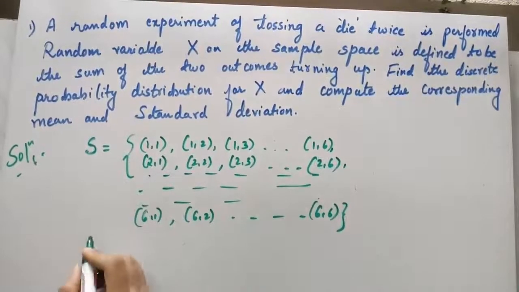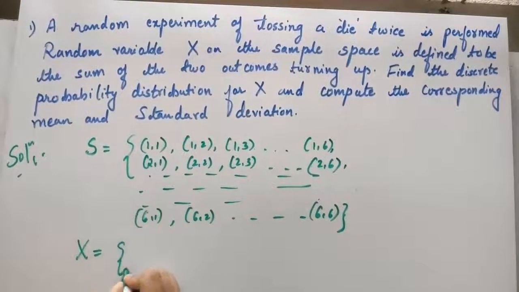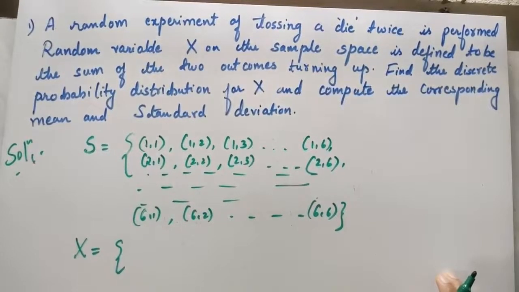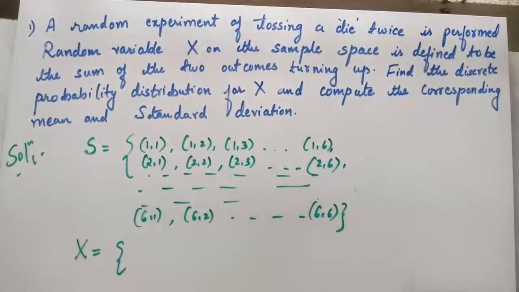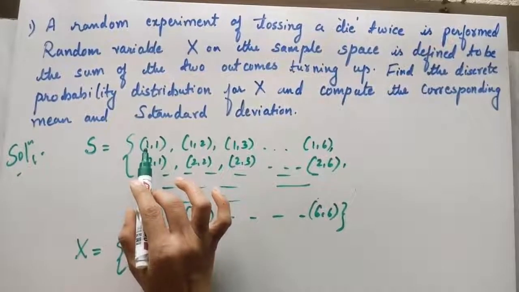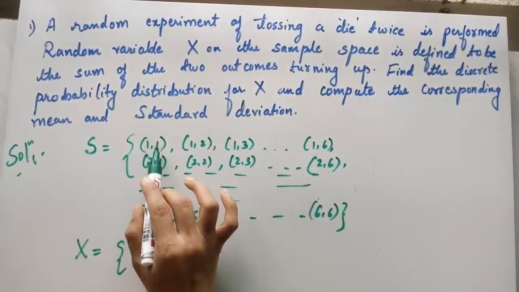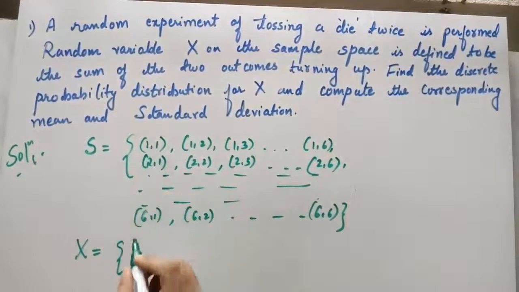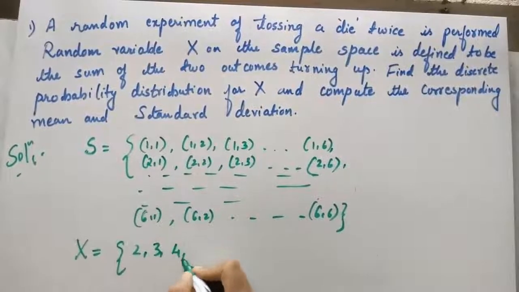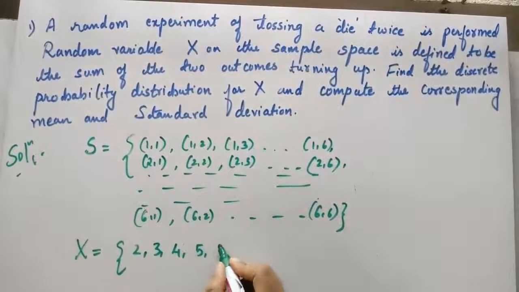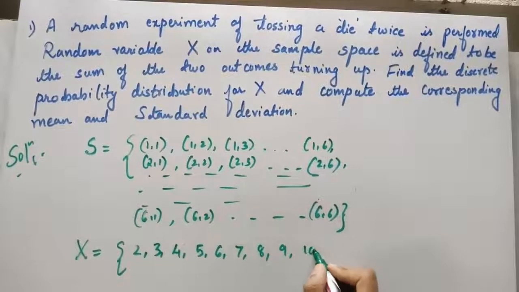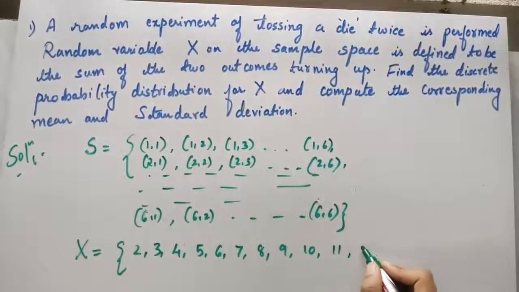Now, our random variable X is defined to be the sum of the two outcomes turning up. So what will be the minimum number? If we add the two outcomes, first it will be 2, then it can be 3, 4, 5, 6, 7, 8, 9, 10, 11 and 12.